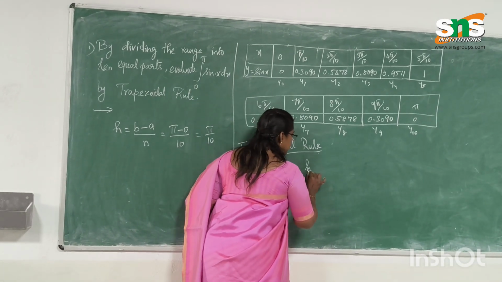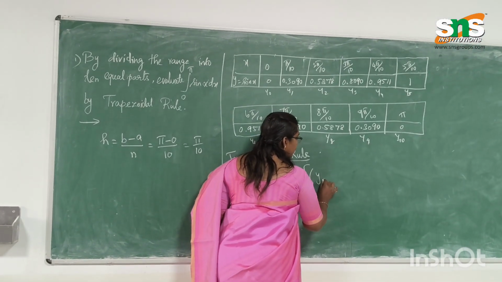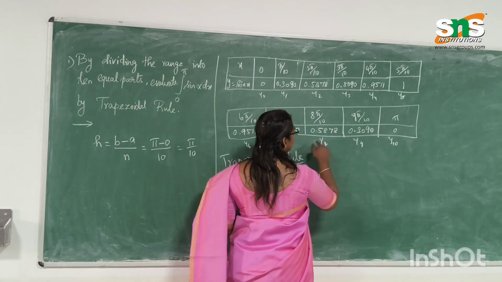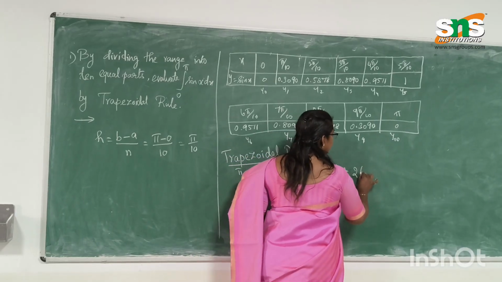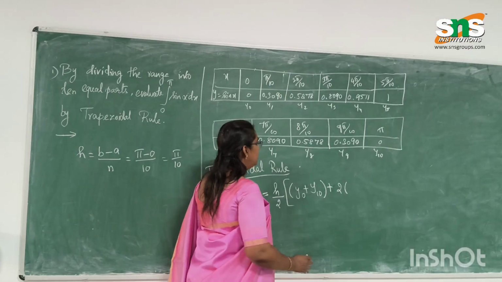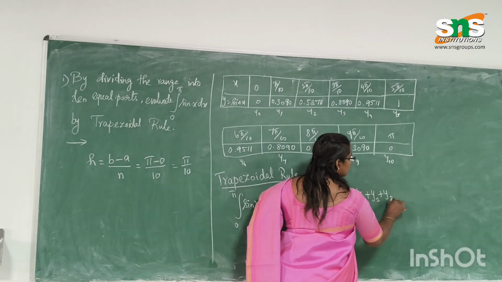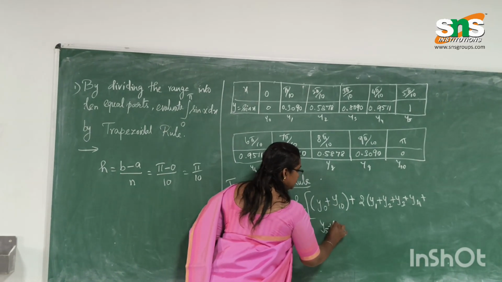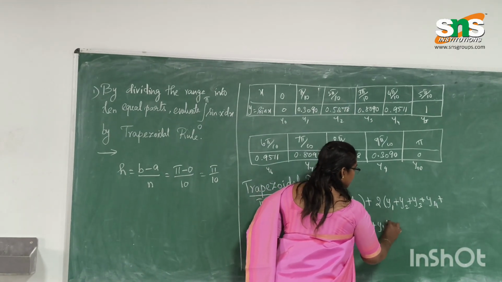The trapezoidal rule is h divided by 2, in brackets: first add y0 plus the last value y10, plus 2 into the remaining values between y0 and y10, that is y1 plus y2 plus y3 plus y4 plus y5 plus y6 plus y7 plus y8 plus y9.